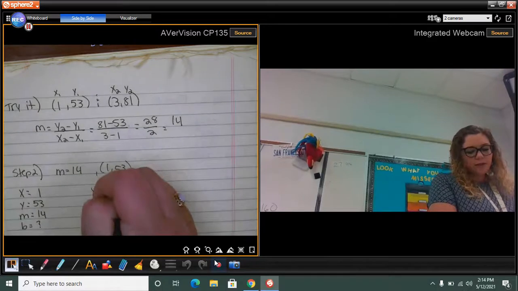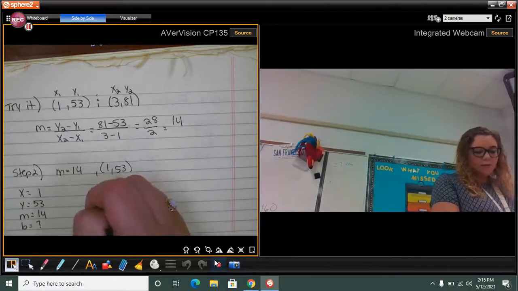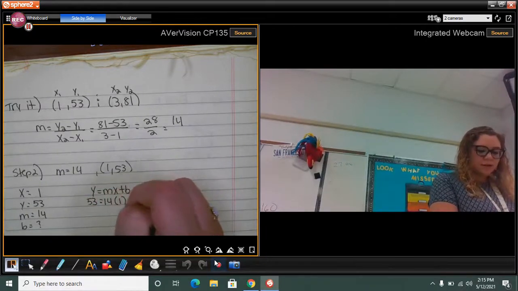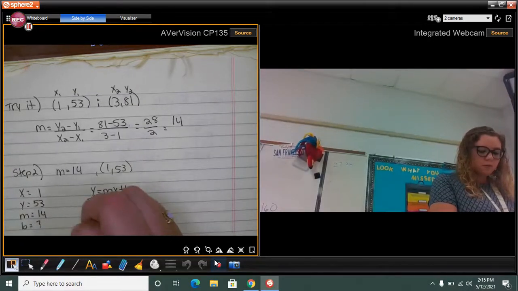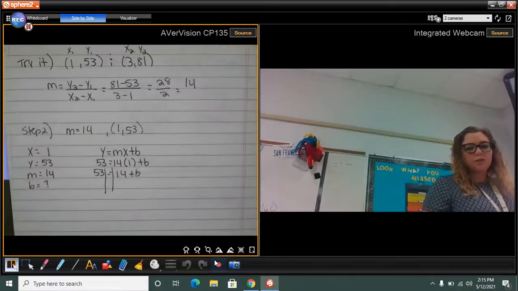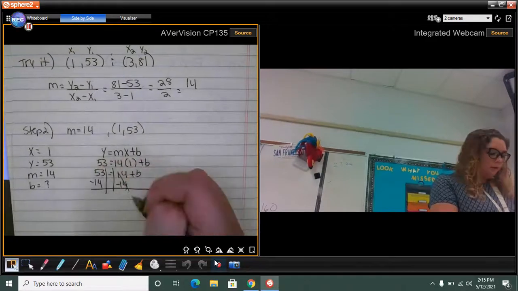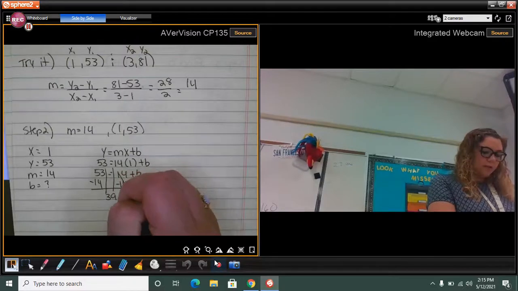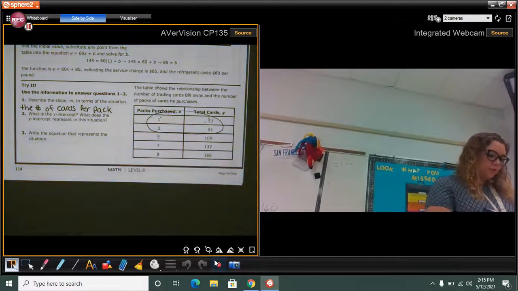We're going to plug it into this equation. So plug 53 in for y, 14 in for m, 1 in for x, plus b. 14 times 1 is 14. Okay, to get 14 over the bridge, I need to do the inverse, which is subtraction. 53 minus 14 is going to give me 39 equals b. So my y-intercept is 39, or my initial value.